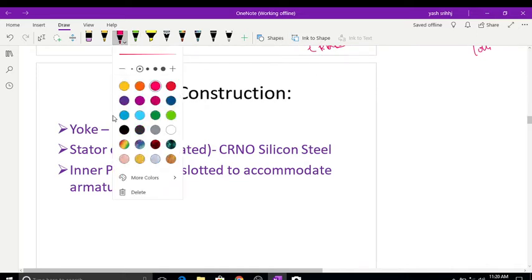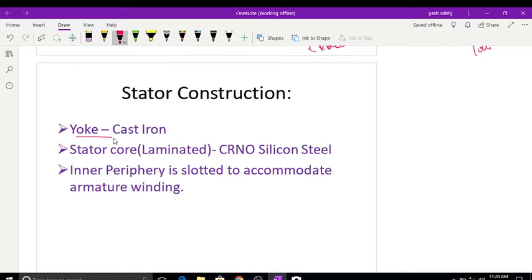So it's already discussed: the yoke is made with cast iron, and the core is laminated to reduce the eddy current losses, and it is made with cold rolled non-oriented silicon steel. This is the material used to construct the stator.